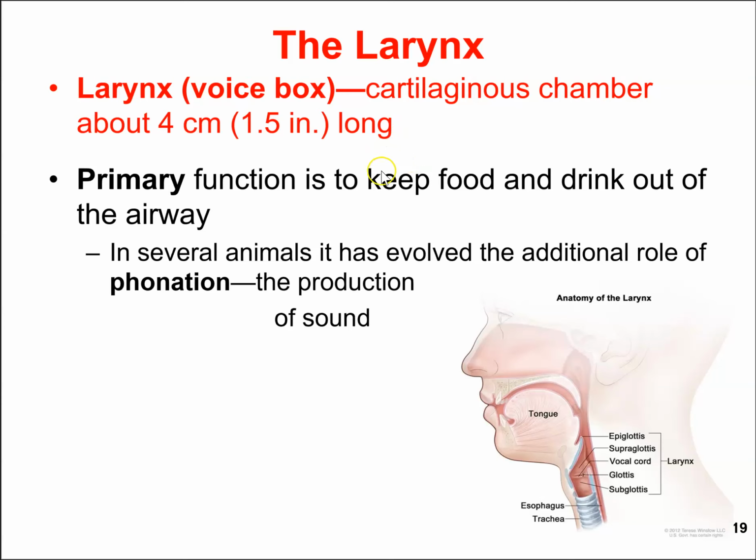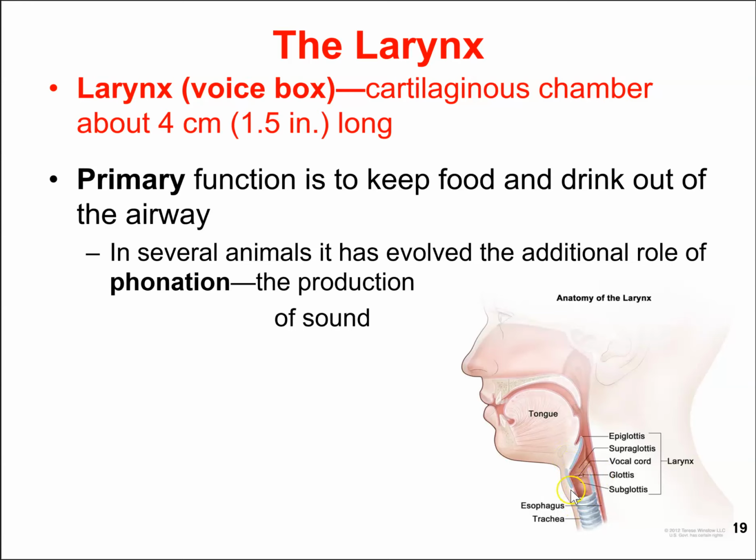The three large cartilage pieces in this region include the thyroid cartilage in the anterior, and then you have the epiglottis, which is present superior. This is the epiglottis, a flap that prevents food from entering the windpipe. And then you have the laryngeal prominence right over here, which is also called the Adam's apple, which is more prominent in males than in females.